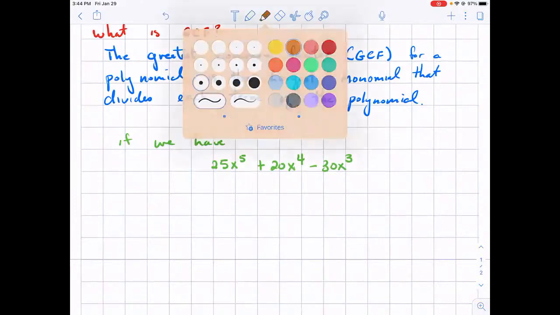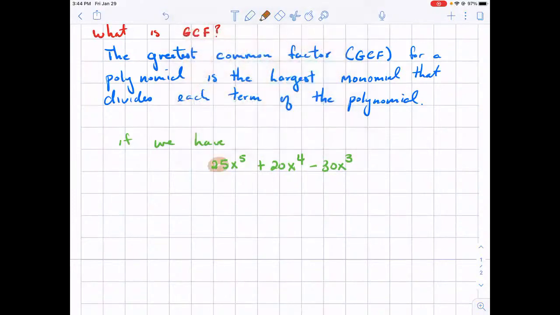Let's look at these numbers first. What's the GCF of 25, 20, and 30? What is the largest number that goes evenly into each of those numbers? So if you think about this, the GCF will be 5 because 5 goes into 25, 5 goes into 20, and 5 goes into 30.